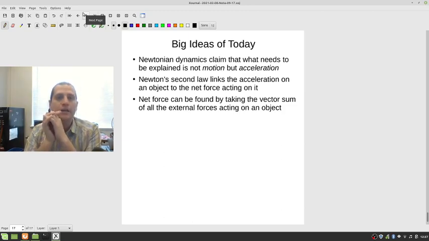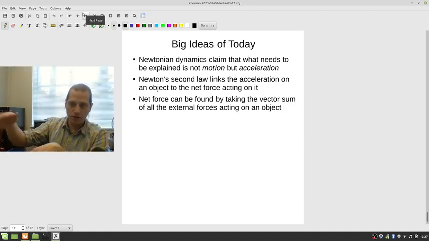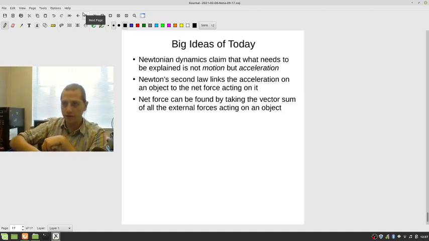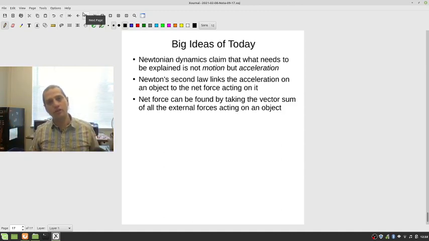In this Newtonian picture of dynamics, what we need to explain is why an object is accelerating. And we say if it's accelerating, there's a net force on it. And how do you find the net force? You find the net force by taking the vector sum, adding up the forces in the x direction, adding up all the forces in the y direction, adding up all the forces in the z direction, and there you go.